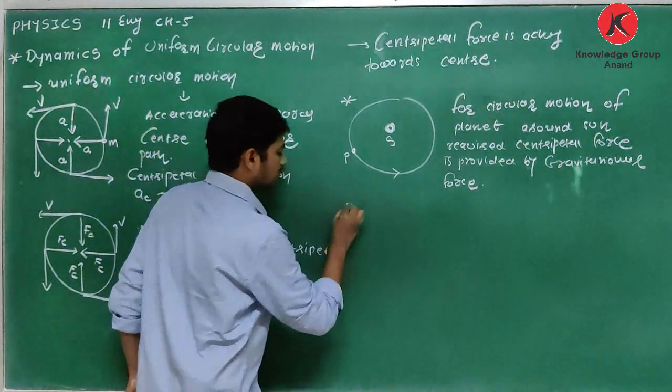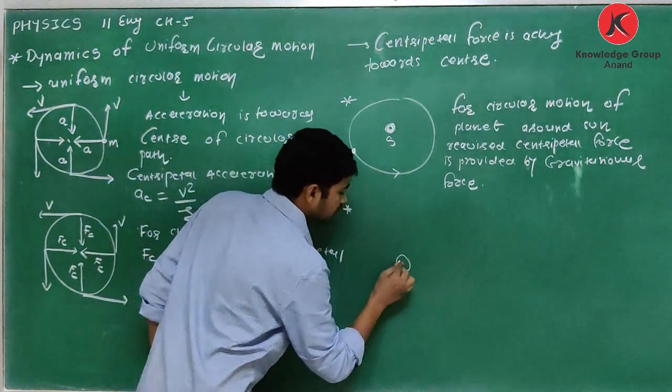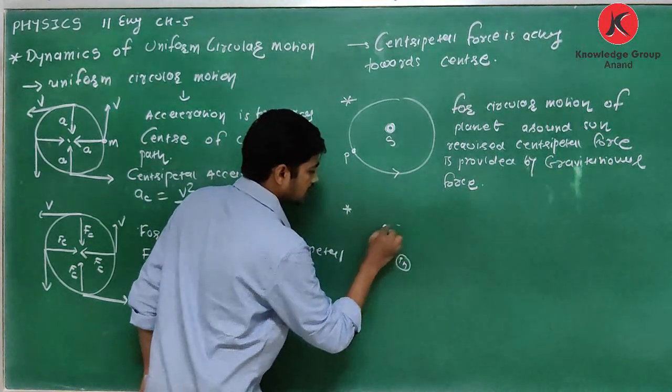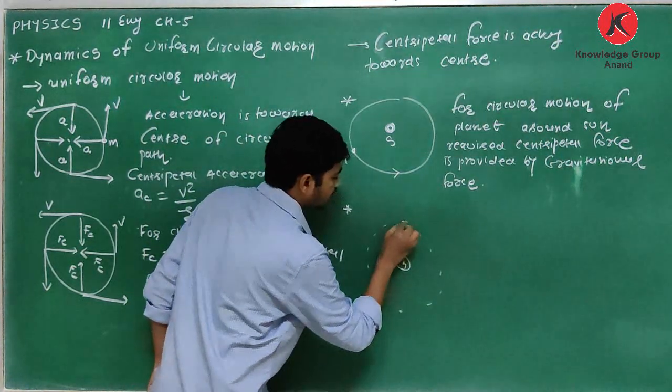Another example, you know, it is the nucleus, and electrons are revolving in orbit.